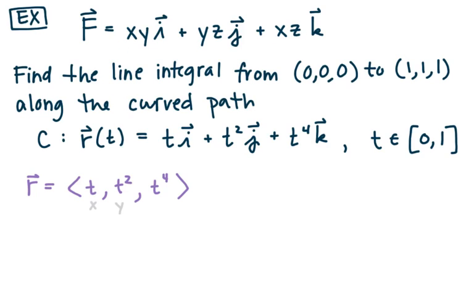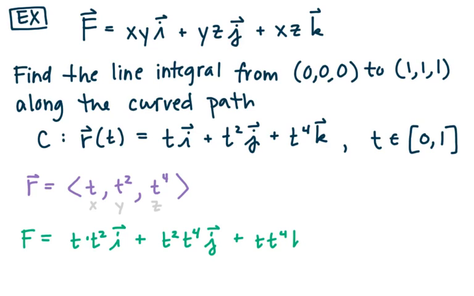We want to plug these x, y, and z components into F. So that means F equals t times t squared i plus t squared times t to the fourth j plus t times t to the fourth k.